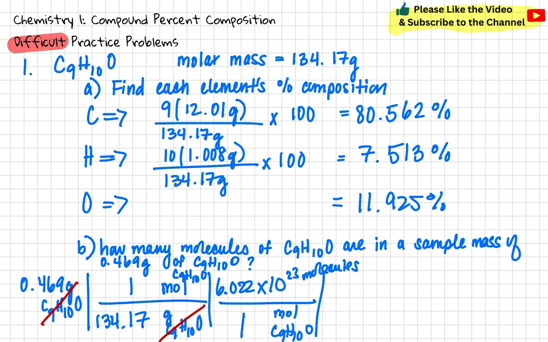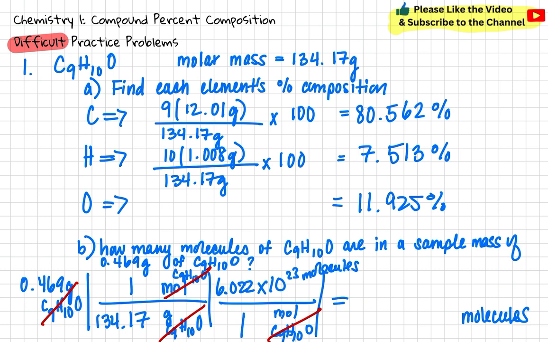1 mole of this molecule brings 6.022 times 10 to the 23rd molecules of that molecule. So then we're going to do the math. Now I can cross out mole and mole, and my answer is going to be in molecules, which is what they're asking, how many molecules. I just have to do the math now. So I'm going to multiply everything at the top. So that's 0.469 times 1 times Avogadro's number.